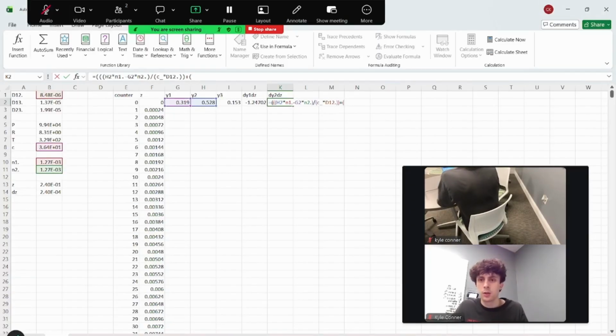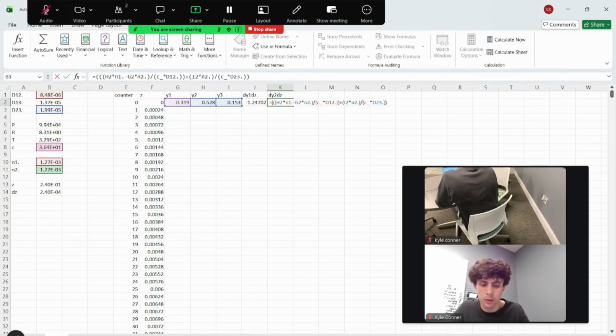Plus our y3 times n2 divided by concentration times d23.